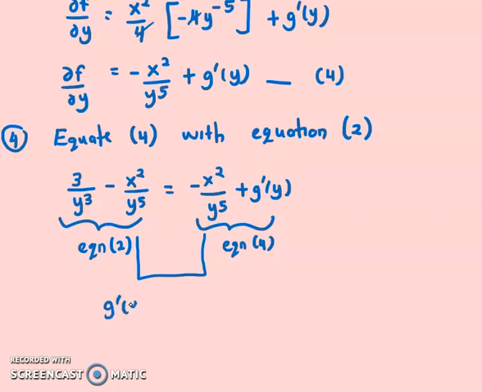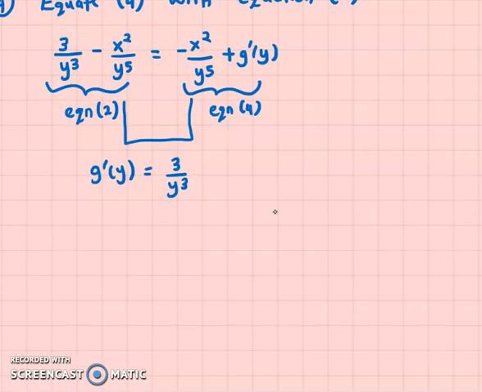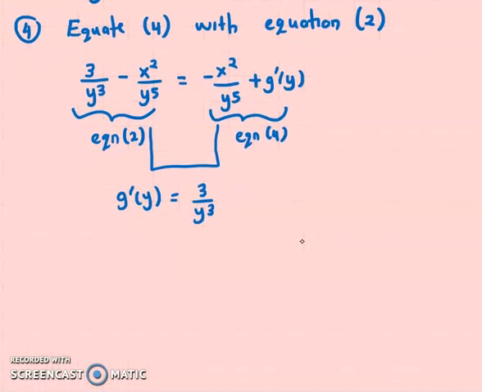So g prime of y equals 3 over y^3. I can also write this as 3y^-3.